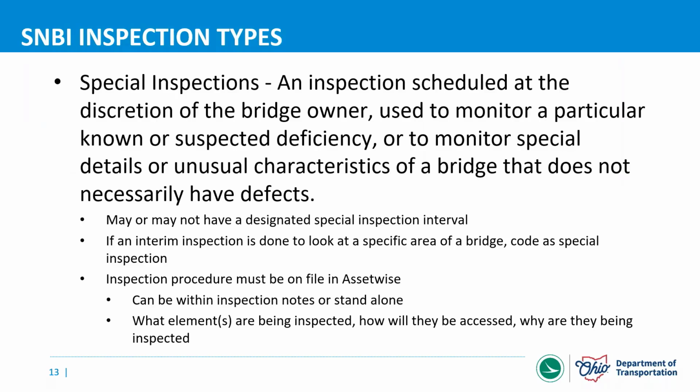If you think it's going to be a one-and-done, or not something you're going to do on an interval, maybe it just goes into the inspection notes of that special inspection report: why were we doing this, how was it accessed, etc. But if this is something that you could see doing every 6 months, or something scheduled on a routine, I would recommend having a standalone Word document that you upload to the files in AssetWise, similar to NSTM inspection procedures, just saying the scope of the inspection and how it will be done.